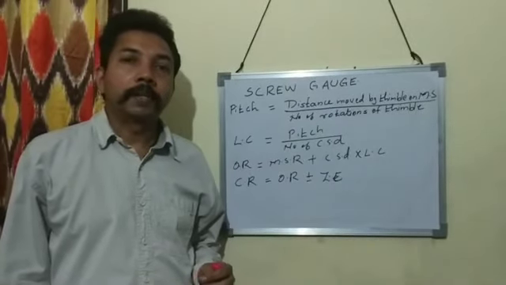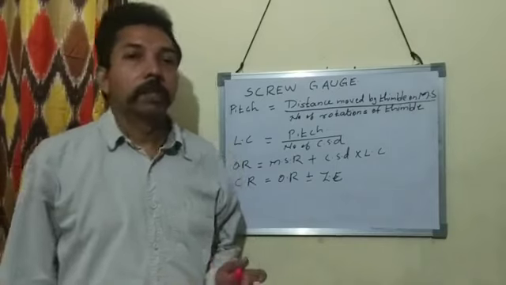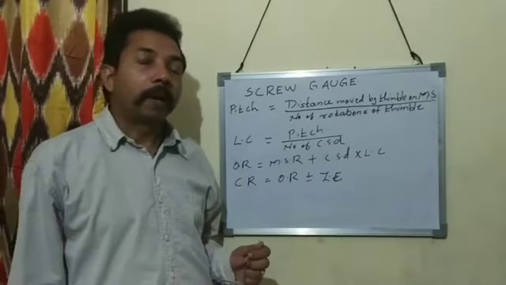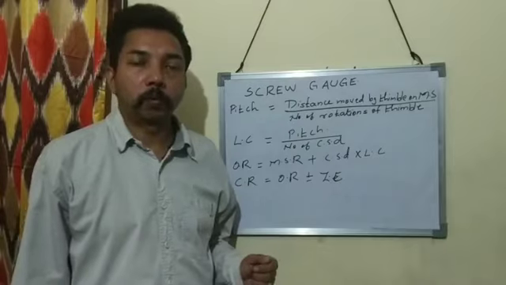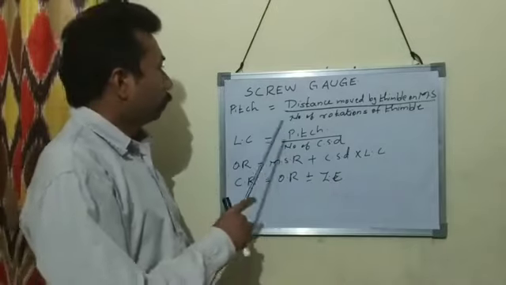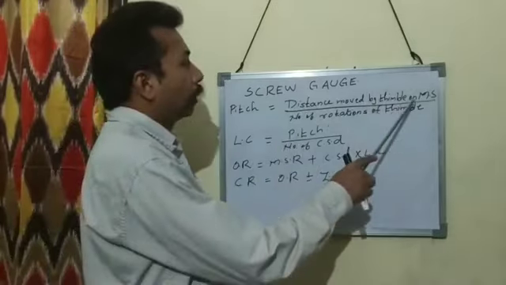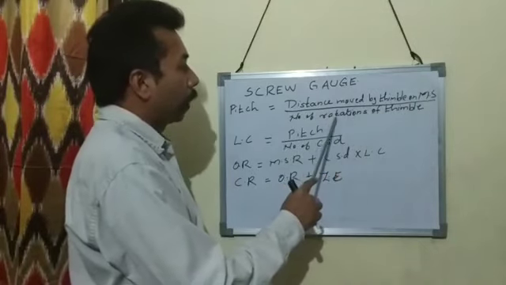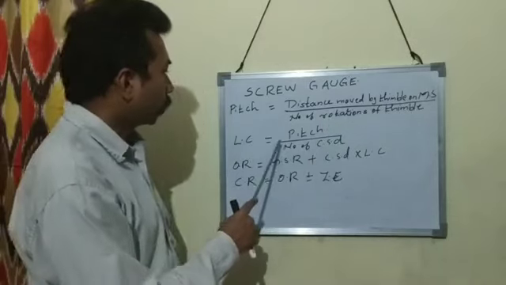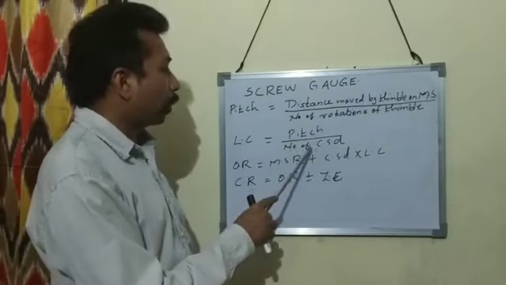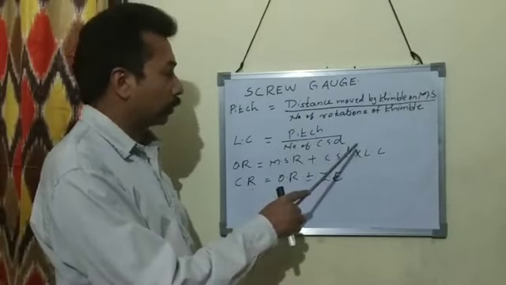Now we take the case of screw gauge. The main formulas which are used for solving the numericals of screw gauge are: pitch is equal to distance moved by thimble on main scale upon number of rotations of thimble. Least count is equal to pitch upon number of circular scale divisions.